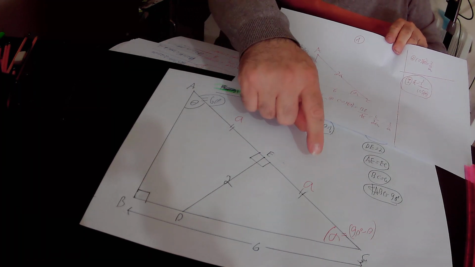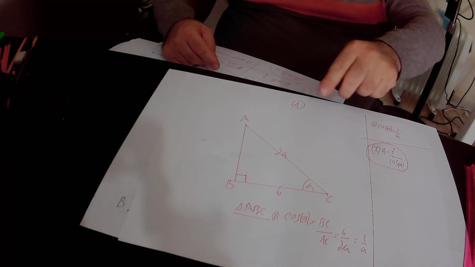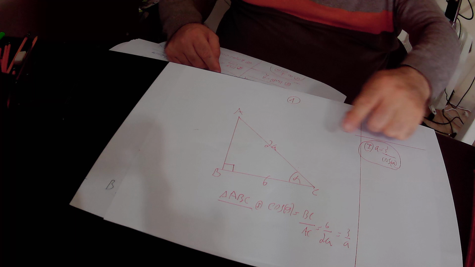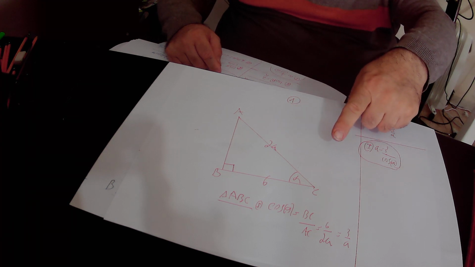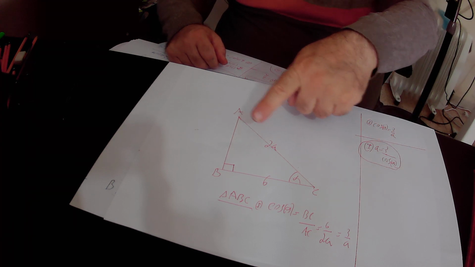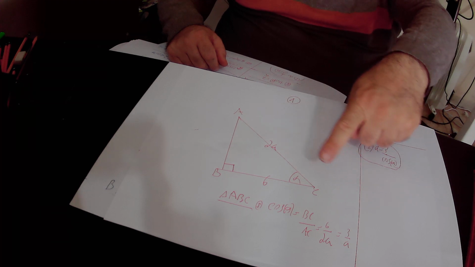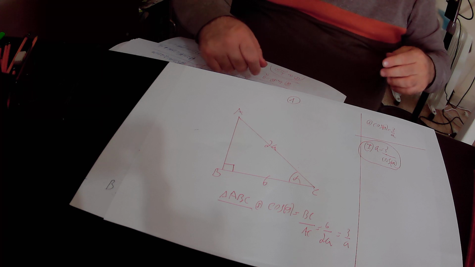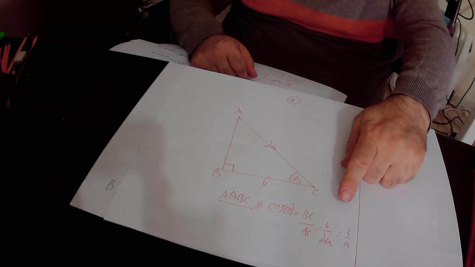AC equals A plus A according to our definition, that is 2A. So here, cosine alpha in triangle ABC equals BC over AC. BC equals 6, AC equals 2A. So cosine alpha equals 6 over 2A.